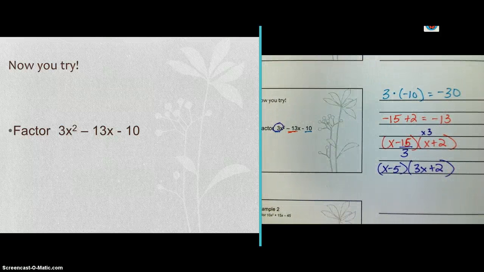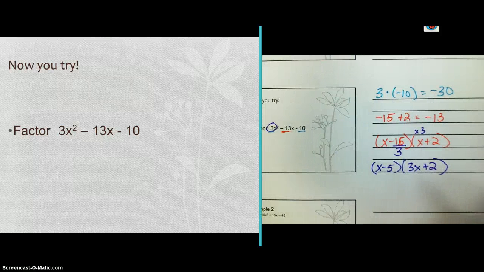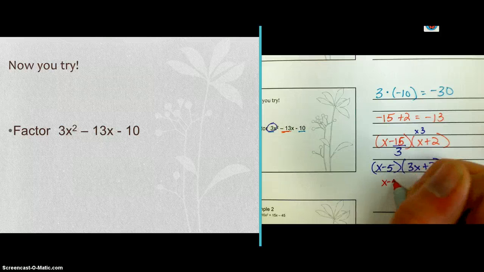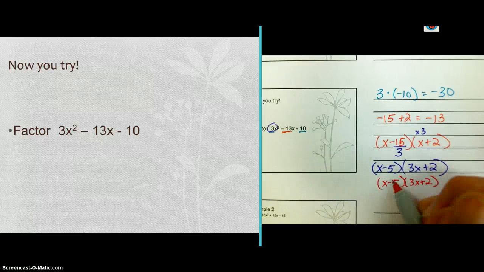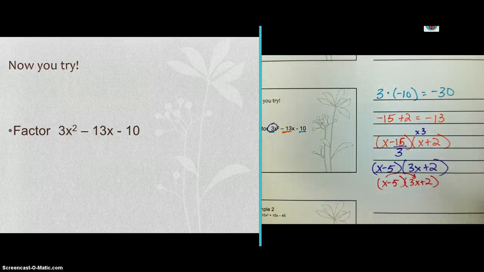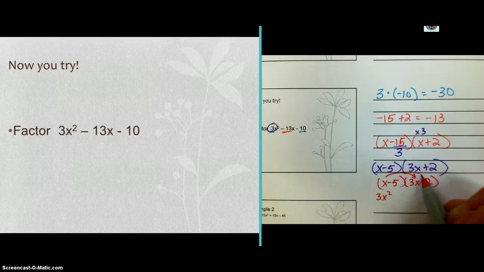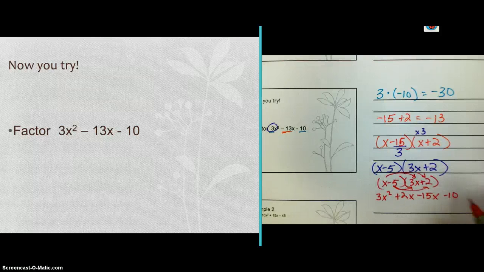If I multiply those again, I have x minus 5 and 3x plus 2 that I want to check. x times 3x gives me 3x squared. x times 2 gives me 2x. Negative 5 times 3x gives me negative 15x. And negative 5 times 2 is negative 10.